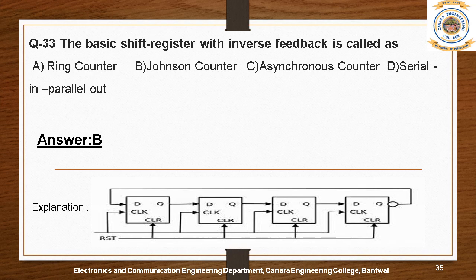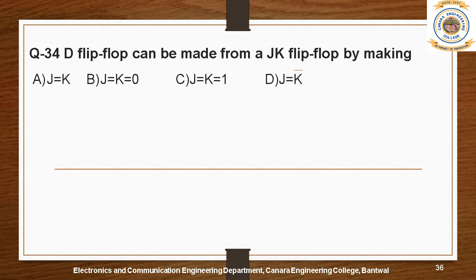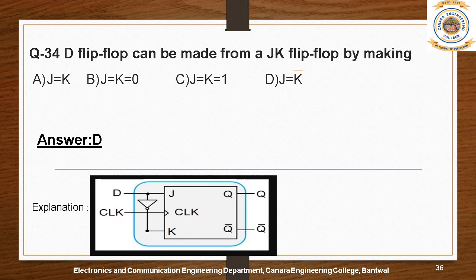From the last one, it will be given back to the first. So counting will be in that sequence only. D flip-flop can be made from JK flip-flop by making J equal to K. That means if you connect J and K in a JK flip-flop with a NOT gate, it will become a D flip-flop.